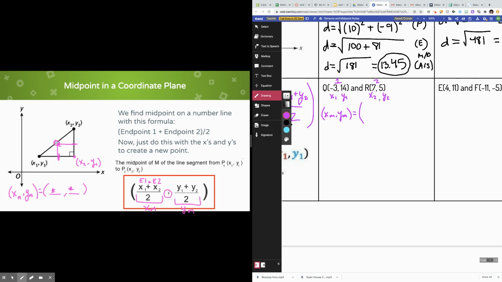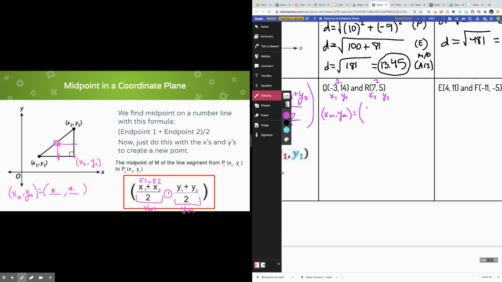You're always adding the x's together, which is very important for both the midpoint formula and the distance formula. The x's go together and the y's go together. You wouldn't want to plug 7 and 5 together in the same part of the formula, because one of those is an x and one is a y.